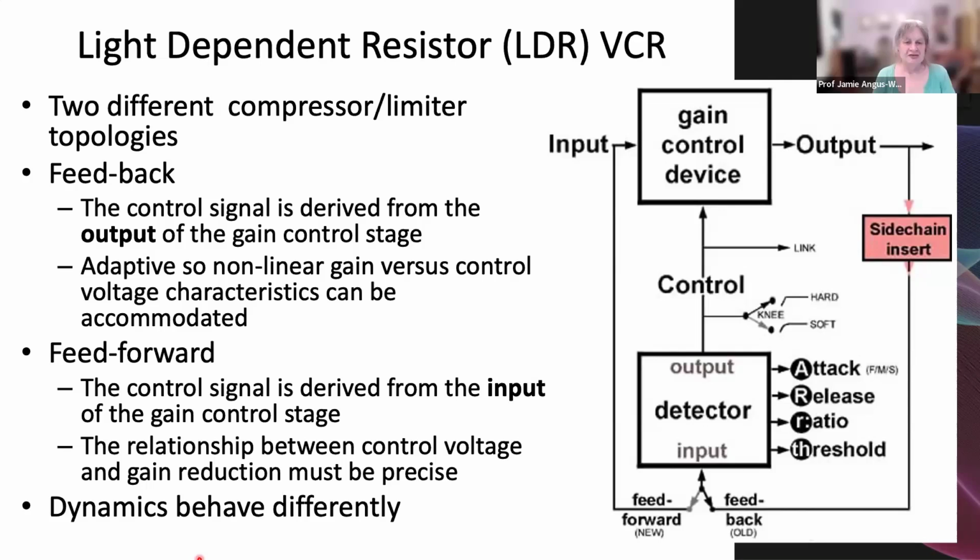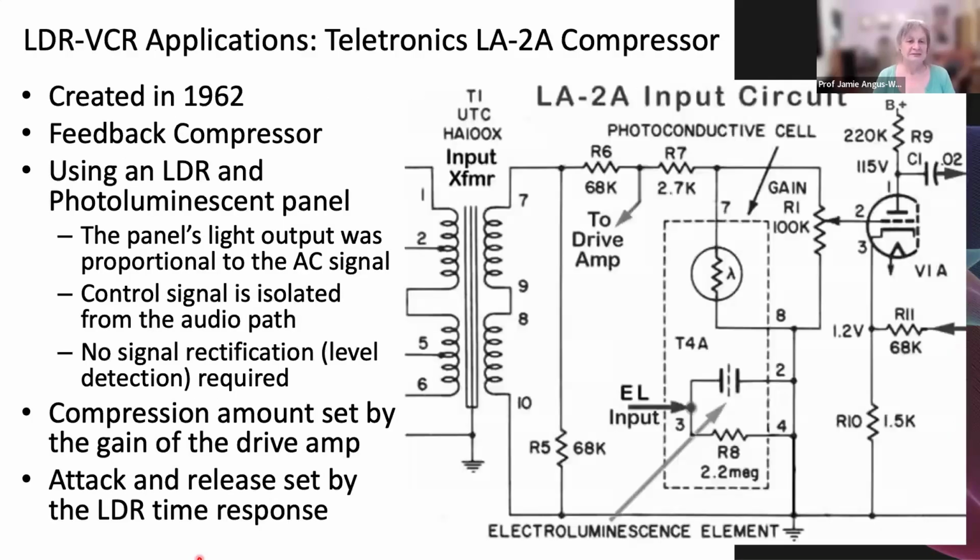So let's look at the LDR, light dependent resistor compressor. Classic piece of gear, the LA2A compressor, created in 1962. It's a feedback compressor, even though it looks as if it might be a feed forward, because everything's happening at the front of the system.